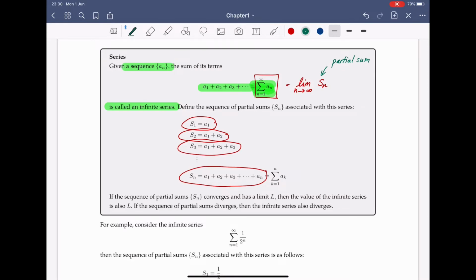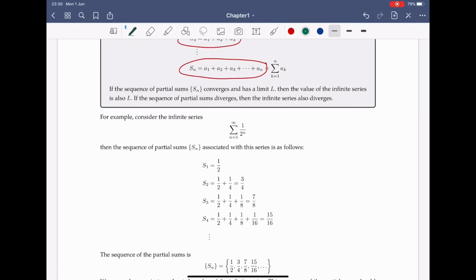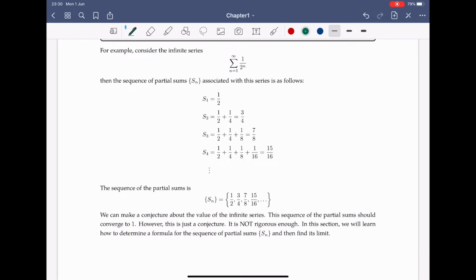If you have a hard time following the definition in this box, let's look at an example. Suppose I have the infinite series, the summation of 1 over 2 to the n from 1 to infinity. If I pull out only one term, I have S1 equal to 1/2. If I add the first two terms, I get 1/2 plus 1/4, which is 3 over 4.